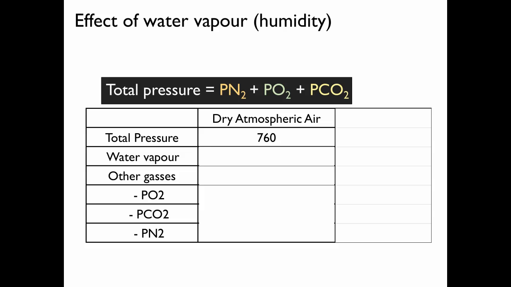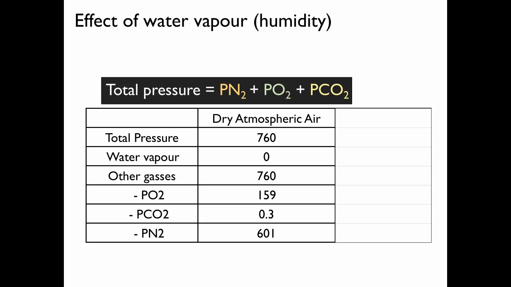If we have a total pressure of 760 millimeters of mercury with absolutely no contribution from water vapor, the total pressure for the other gases, oxygen, carbon dioxide, and nitrogen, will be 760 millimeters of mercury. We've already done this calculation in a previous video, and you can know that in atmospheric air at sea level, the PO2 is 159, PCO2 is about 0.3, and the partial pressure of nitrogen is 601.